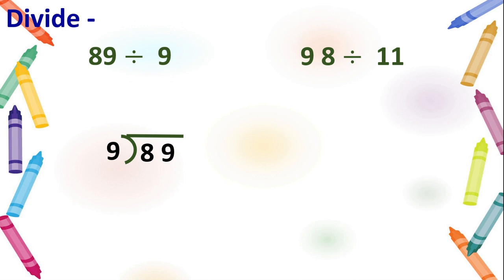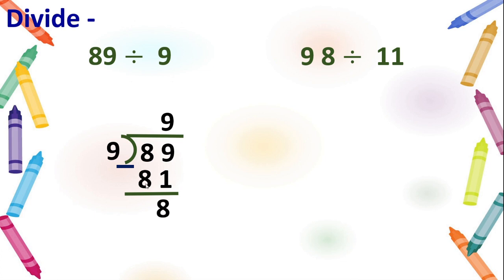We have to recite. Come on. Tell me. 9 9s are 81. Very good. 9 9s are 81. Right? So here in the unit place 9 minus 1 is, yes, 8.